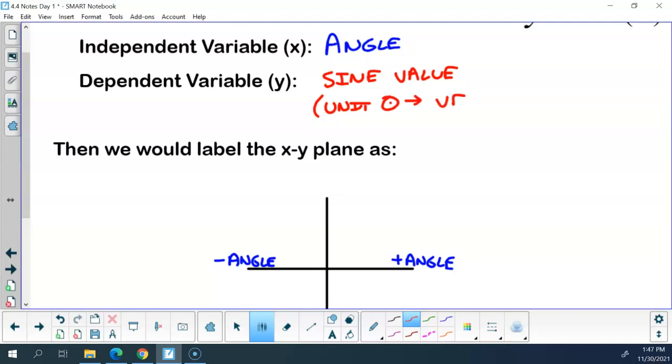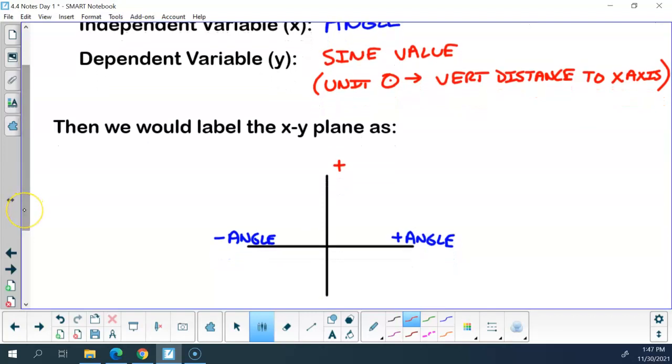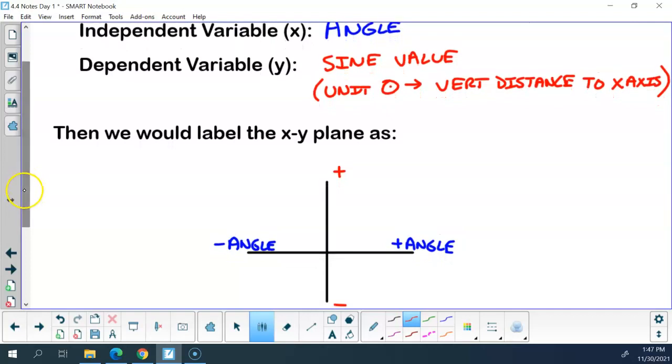It would be the vertical distance to the x-axis. Could be the graph value. Positives are going to go up. Negatives are going to go down.